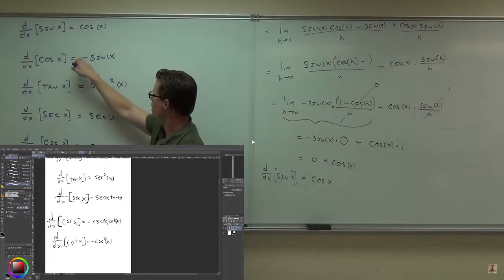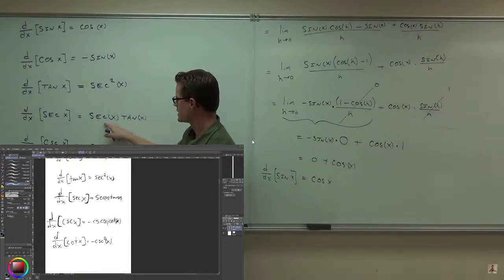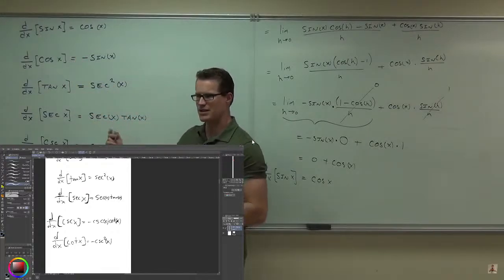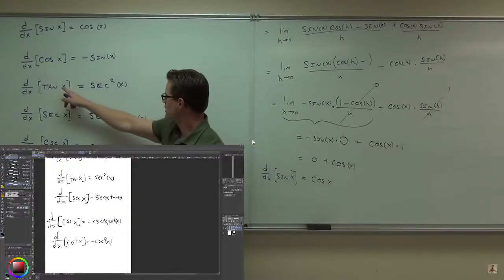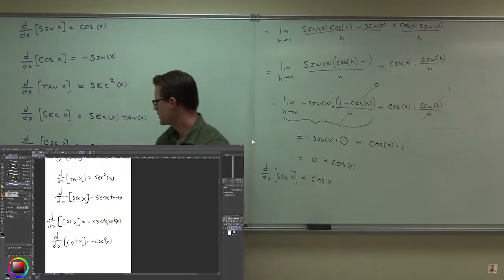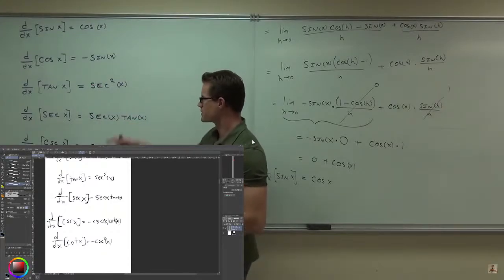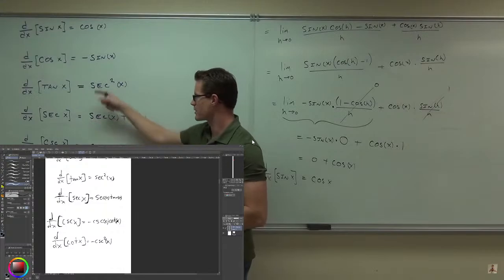The secant gives you the positive. But look at this: secant, cosecant, tangent, cotangent. That kind of matches up a little bit. Also, if tangent gives you secant squared, cotangent gives you negative cosecant squared. You see the secant-cosecant relationship, the square, positive, negative.